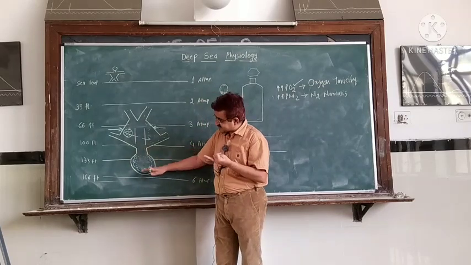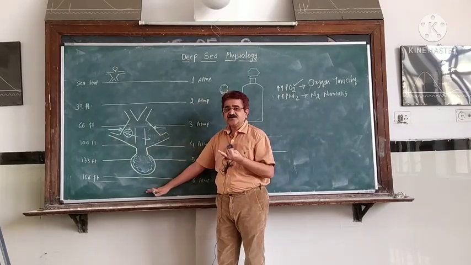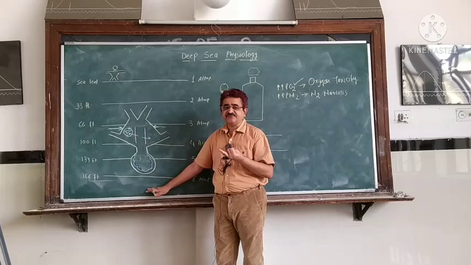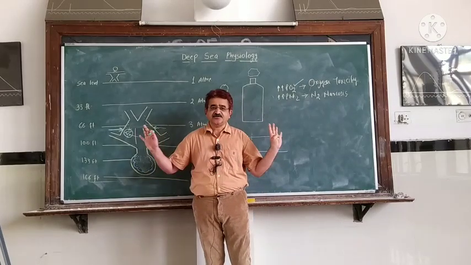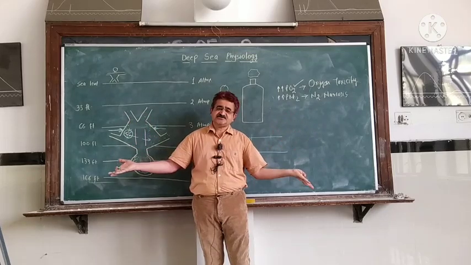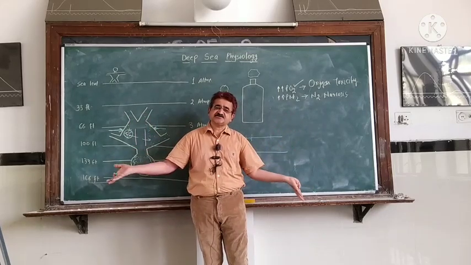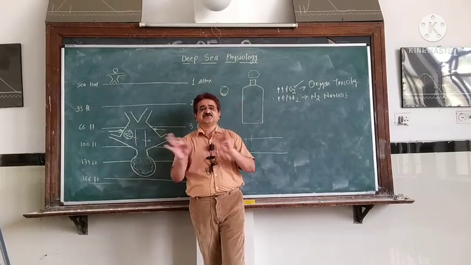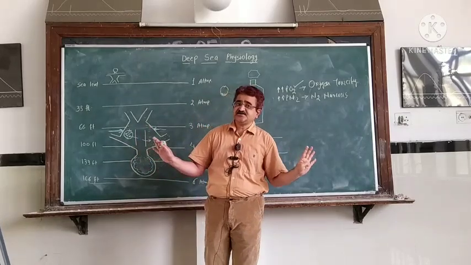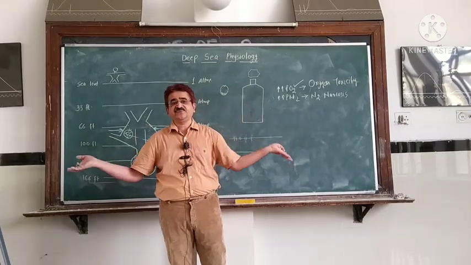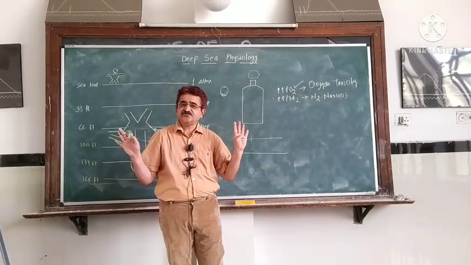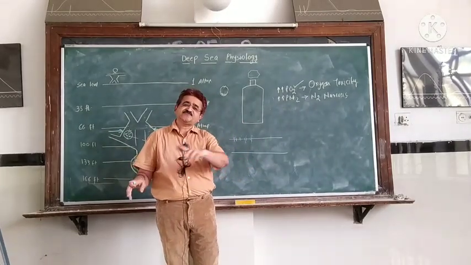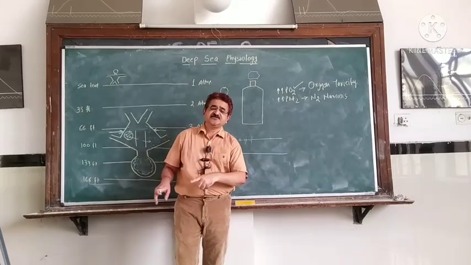If the diver goes down again, say to the depth of 200 feet, now there is the development of what? Loss of memory. Already disorientation is there, memory is being disturbed. So the diver doesn't know in which direction he is going, rightward, leftward, upward, downward. He keeps on moving deep into the deep sea.